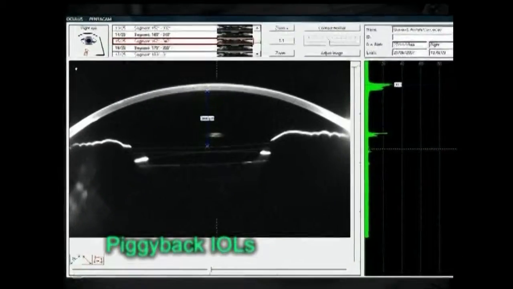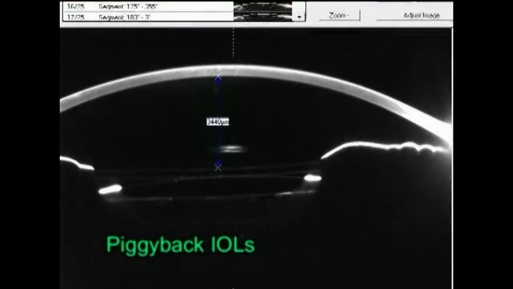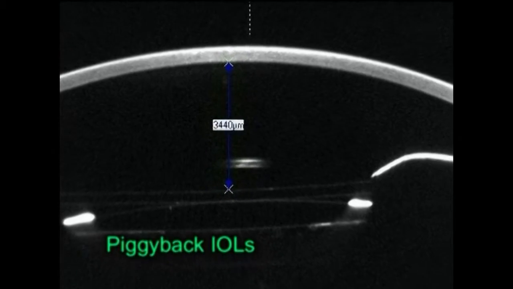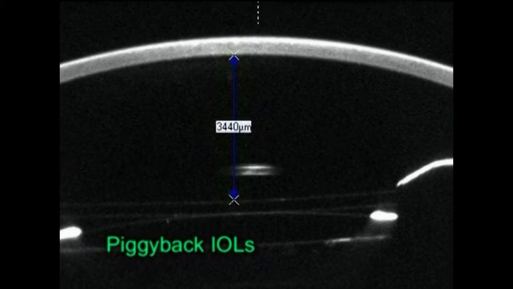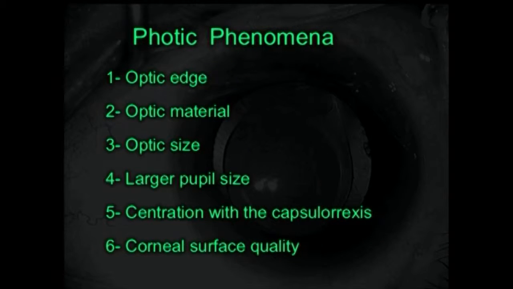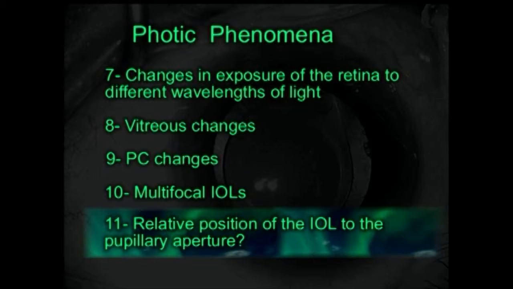The UBM and Pentacam studies performed before and after the piggyback implantation display the shallowing of the anterior chamber, mimicking the natural position of the crystalline lens as in her fellow eye. Therefore, we would like to speculate another cause, adding it to the list of probable causes of dysphotopsias: relative position of the IOL to the pupillary aperture.